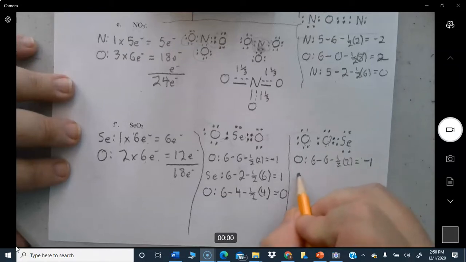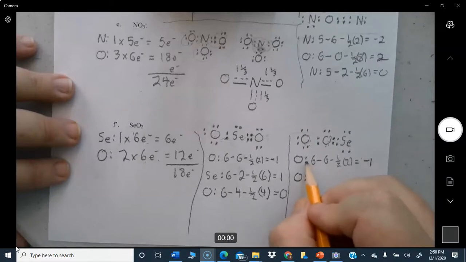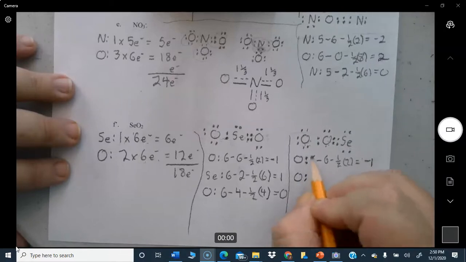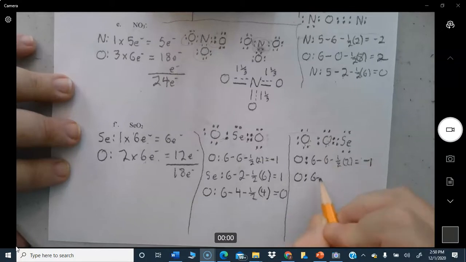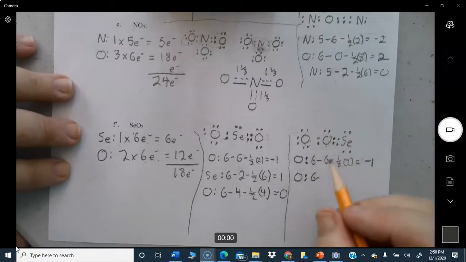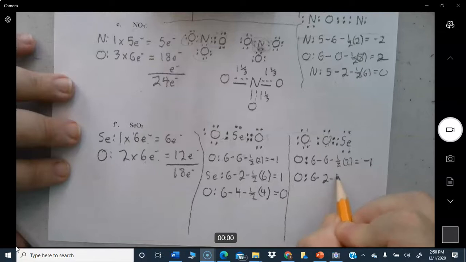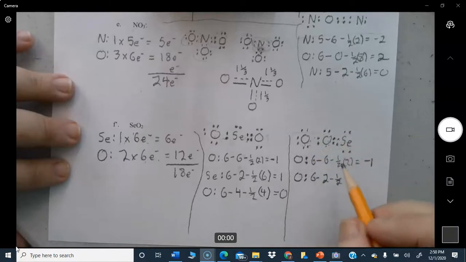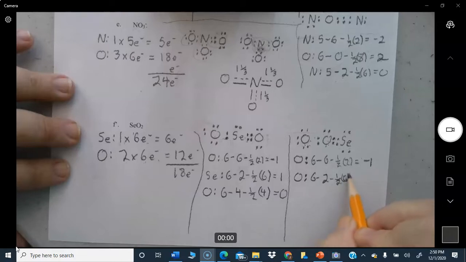All right, and then the oxygen in the center. Okay, these aren't electrons, it's just a colon. Okay, that is 6 minus 1, 2 lone pair minus half of 1, 2, 3, 4, 5, 6 bonding. That's going to equal +1.